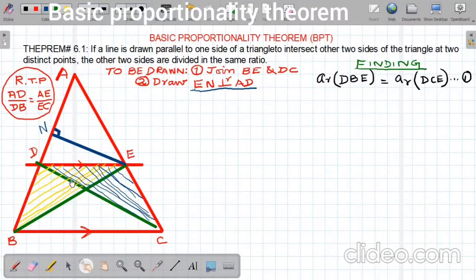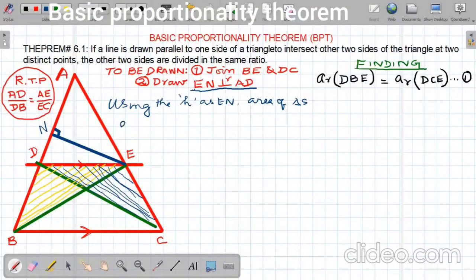Now let us write it here. Using H as EN, the areas of triangles.